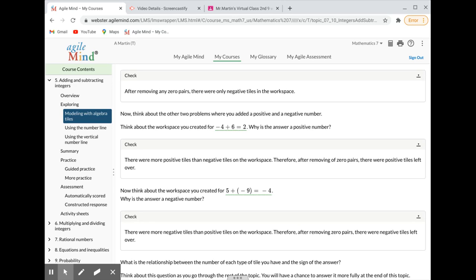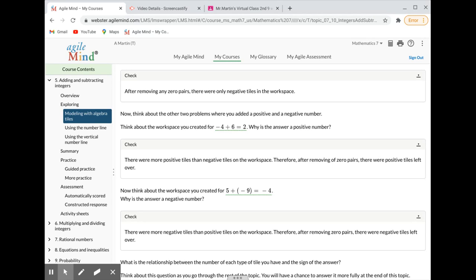So when it asks what is the relationship between the number of each type of tile that you have and the sign of the answer, whichever part of the addition sentence has the greater absolute value, that's going to be the sign of your answer. If they both have the same signs, it's going to be that sign when you're adding. So same signs, we add and keep the sign. Does that make sense?